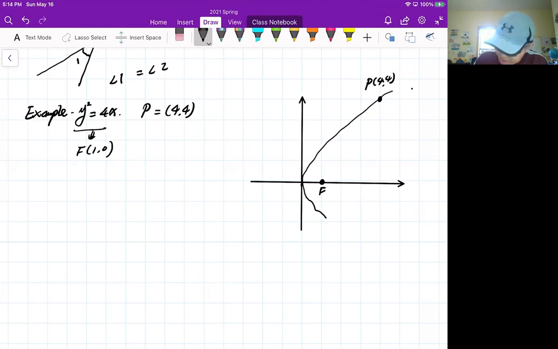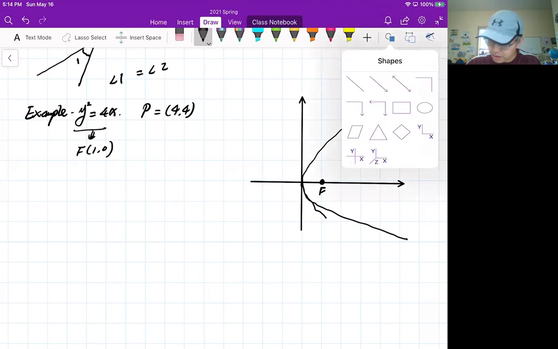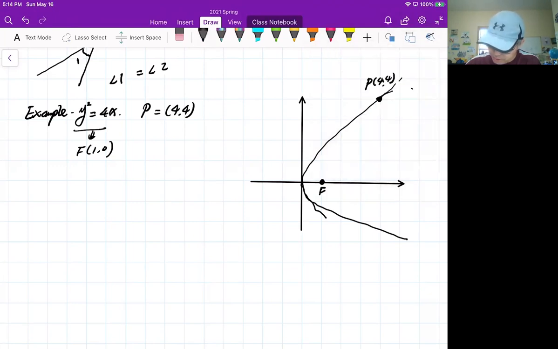I'm not good at drawing the picture, so the parabola is not easy to draw here. All right, and then if you go from P here, you get a tangent line. So suppose this is your tangent line. Let me use a different line. I need to get a tangent line somewhere.